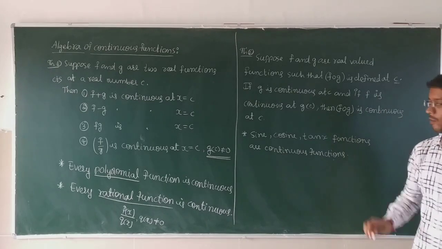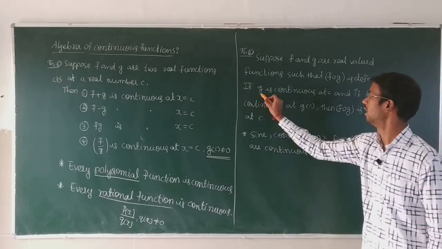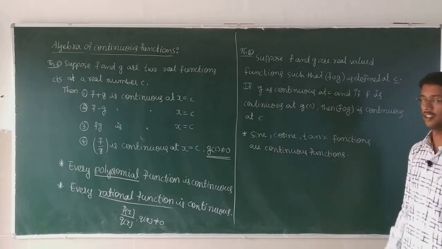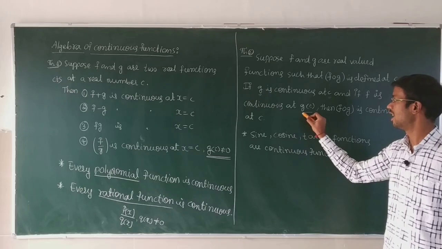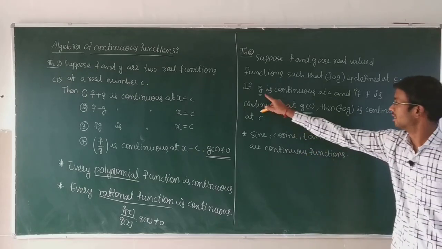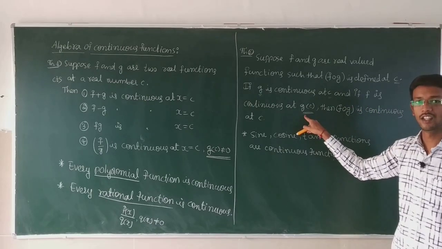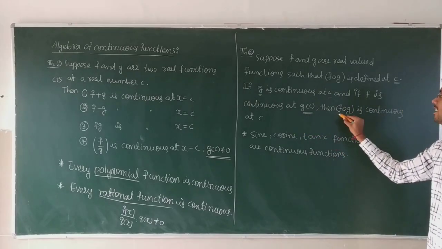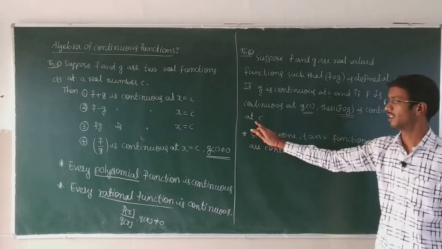First of all, it is defined. g is continuous at c and f is continuous at g of c. So f circle g is continuous at c.